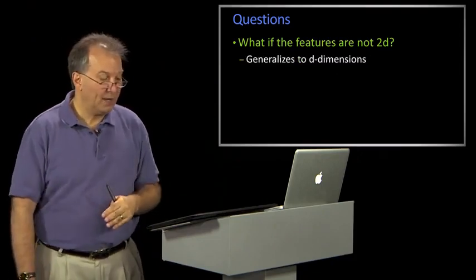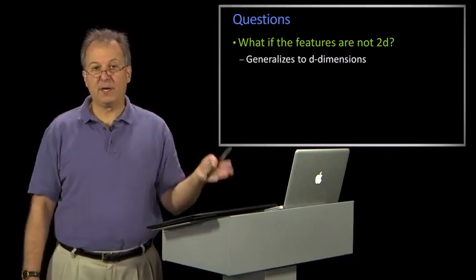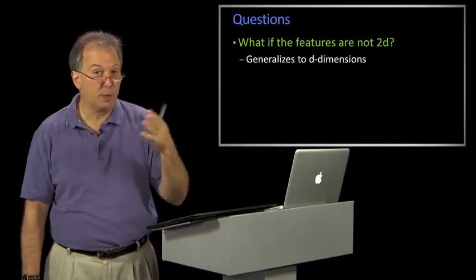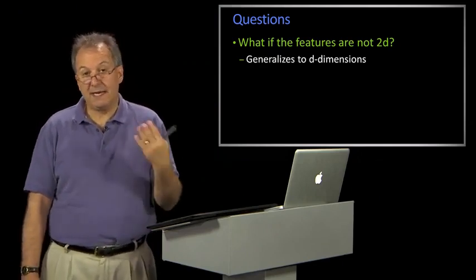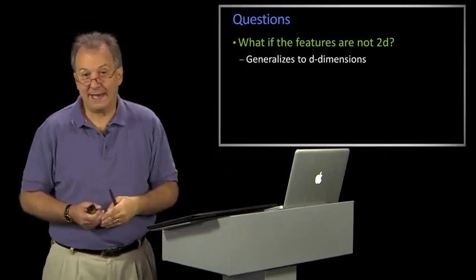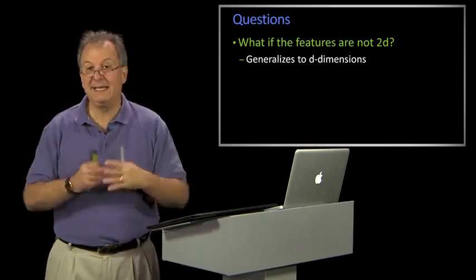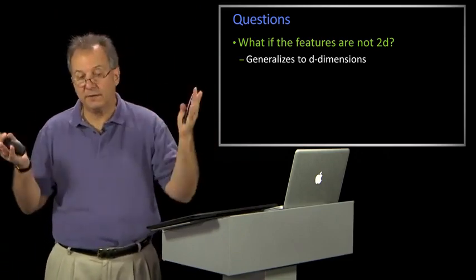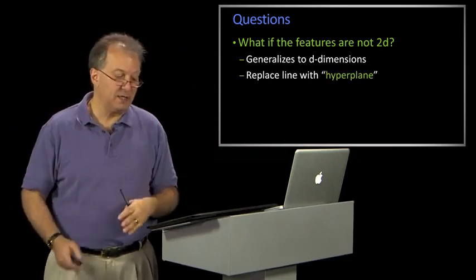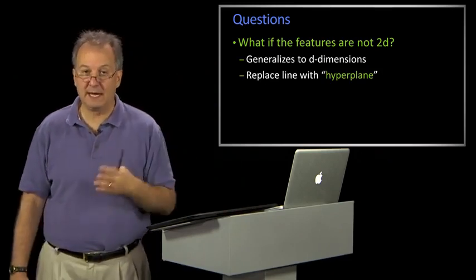Actually, nothing about what I showed you in the math required that it be 2D. W dot x, I didn't tell you that x has to be 2-dimensional. It can be d-dimensional, n-dimensional, whatever you want. Instead of using a line, you're creating a hyperplane.